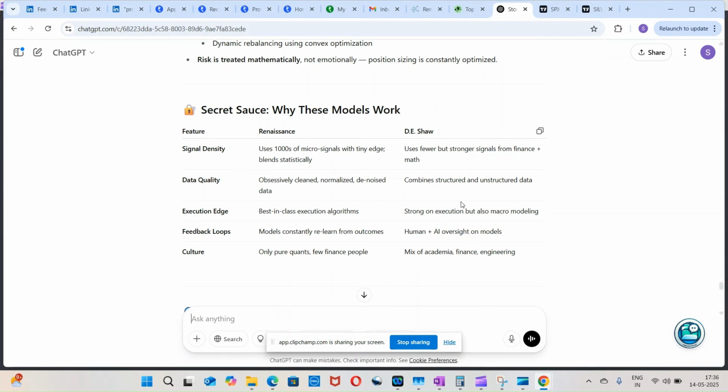DE Shaw has something called ghost pattern identification. Its models identify the statistical anomalies which occur frequently, and when they occur frequently, you can make money off those statistical anomalies.